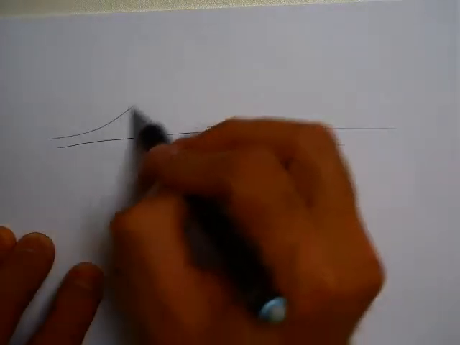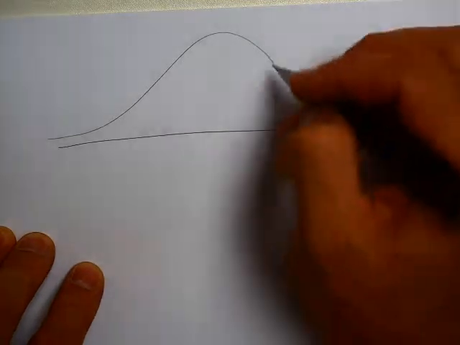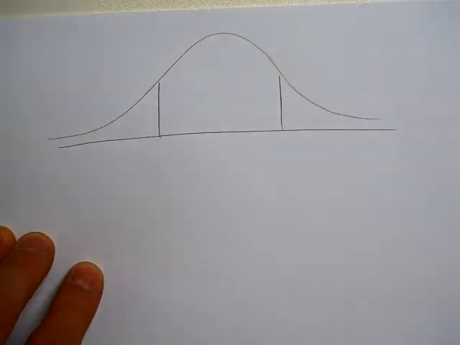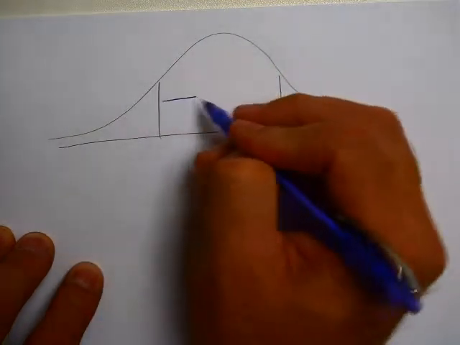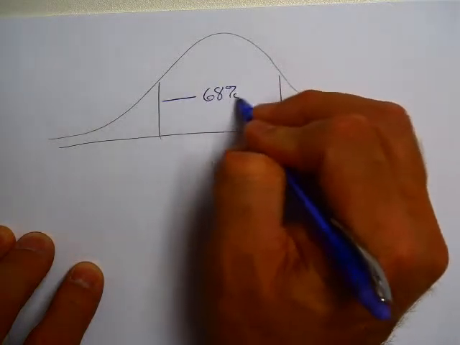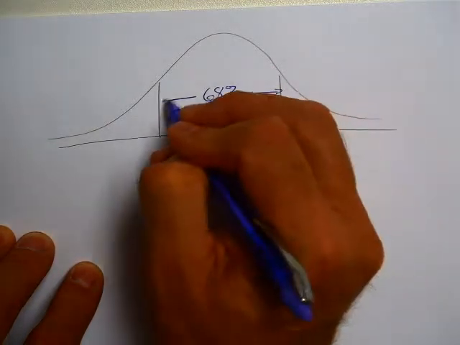My next page here. I'm going to draw another normal curve, and there's some detail in here that I want you to be aware of with these empirical rule bits. So you've got your 68% here between 1 and -1.